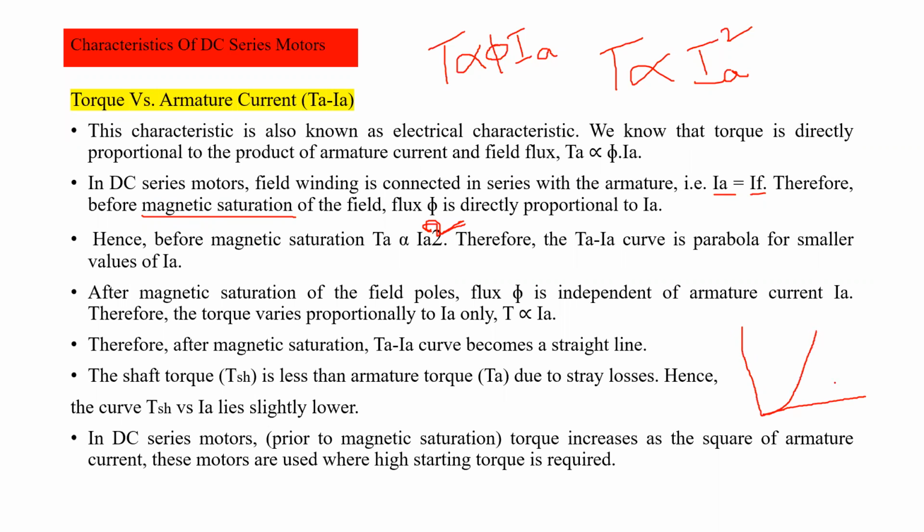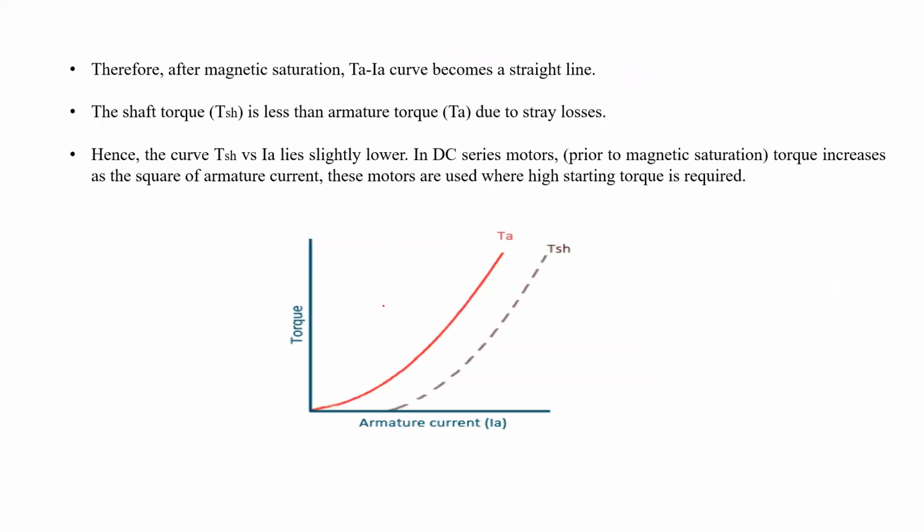See the graph. Due to the magnetic saturation, the curve is drawn like this. After some point it will become constant. After magnetic saturation, the Ta-Ia curve becomes a straight line. Up to this point, what can we say?